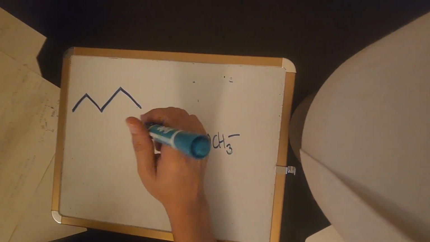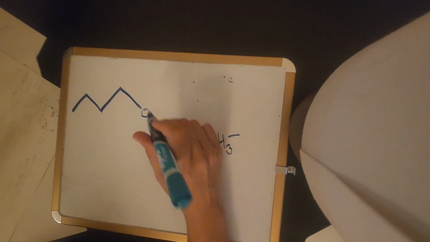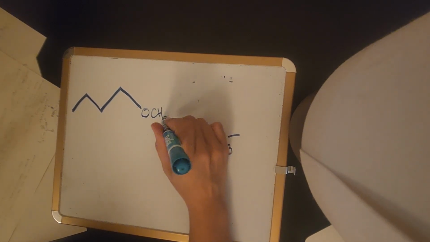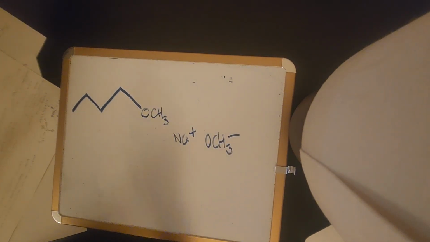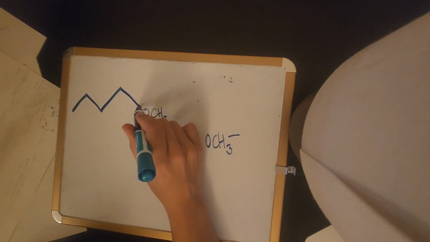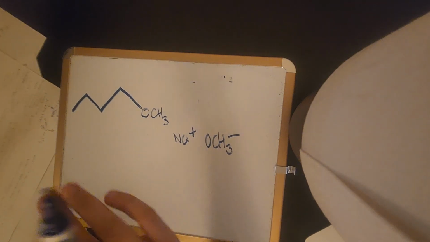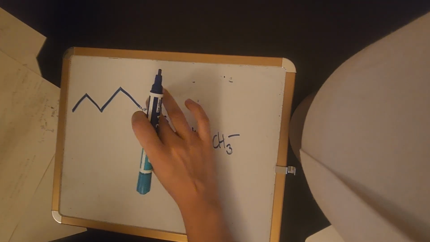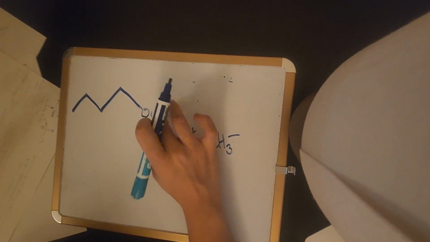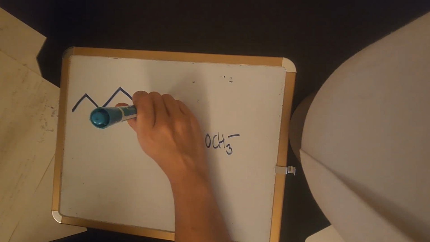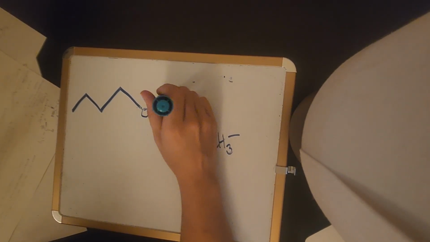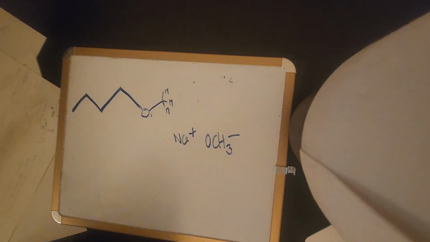In this case, the nucleophile is OCH3. It's going to lose the minus because it's sharing an electron here. And now in this other step, you can just transform this to a bond. Same thing, this is CH3. Your work is finished.